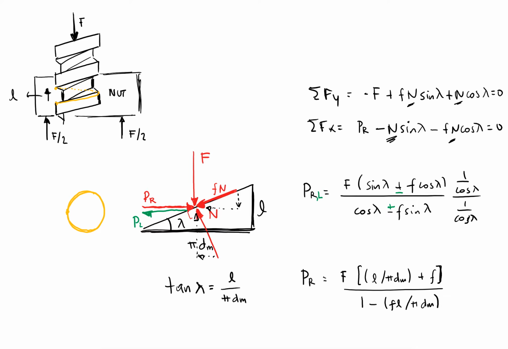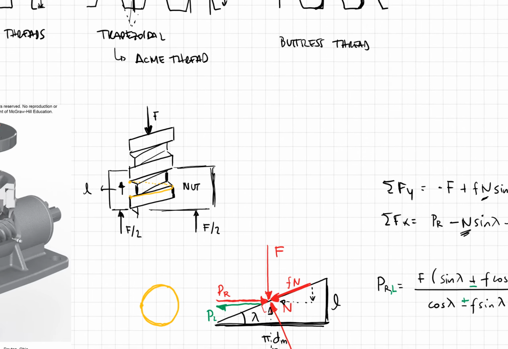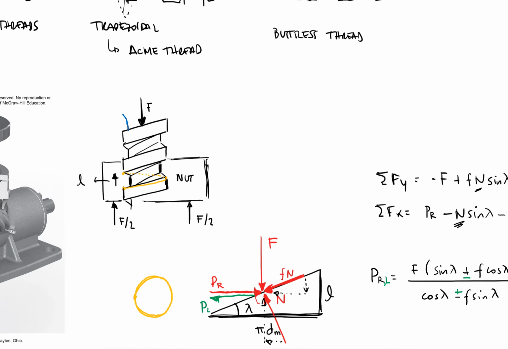Now, like I said before, I'm assuming that this is just like a regular screw where I'm getting my screwdriver and subjecting it to a torque. This force PR comes from that torque.